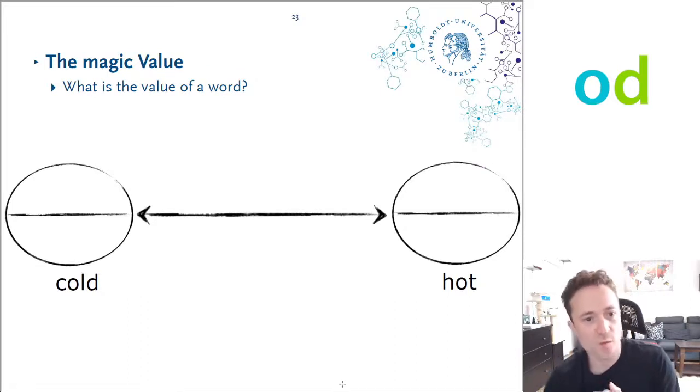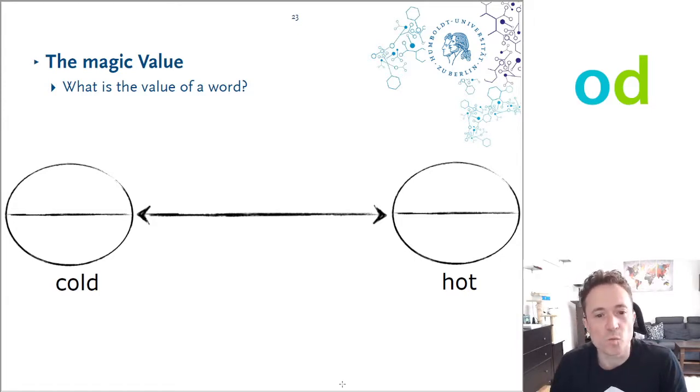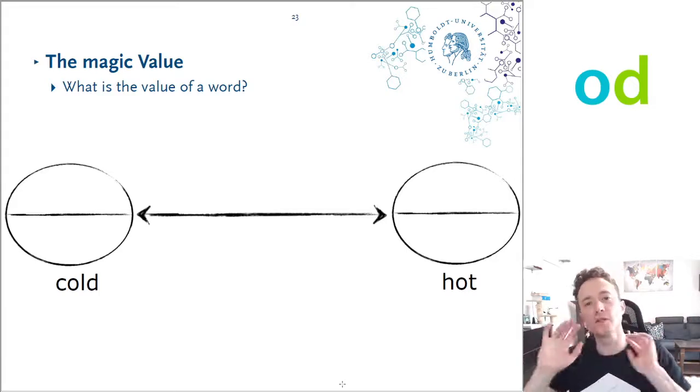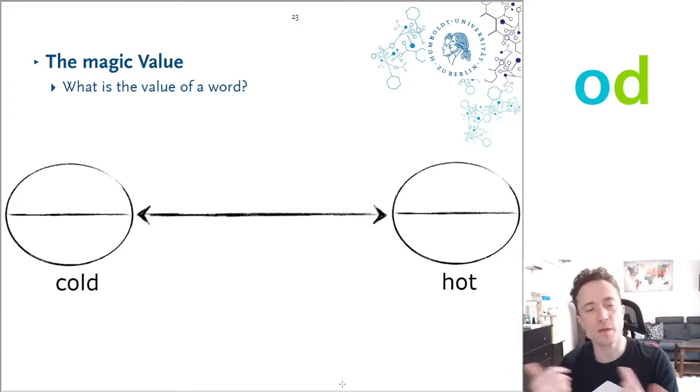One last thing I want to give you, and that is the question of the value, or valeur, as Ferdinand de Saussure calls it. So the question is, what is actually the value of a word? You can say you have, for example, two words, cold and hot, and they have to describe the full spectrum of temperature, right?